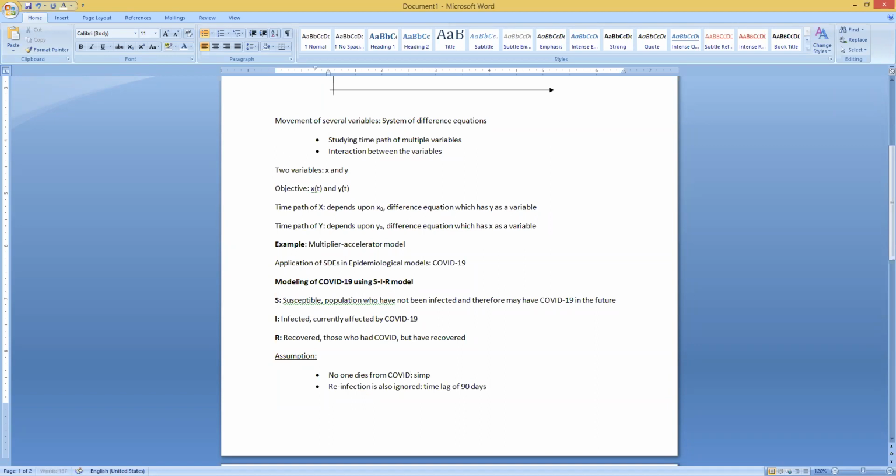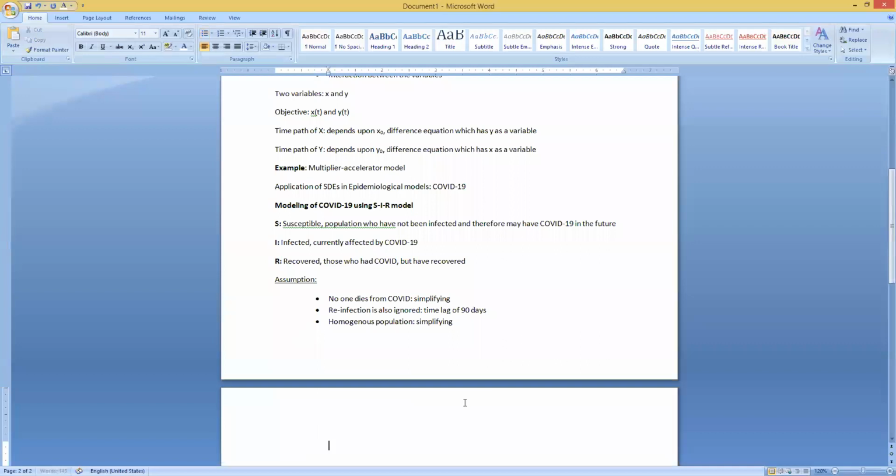And this is basically simplifying. And the third assumption is that we have a homogeneous population. But again, this is essentially simplifying, and as I'll discuss later on, it can be removed, and we can incorporate the possibility of a heterogeneous population. Okay, so is this clear, everyone?